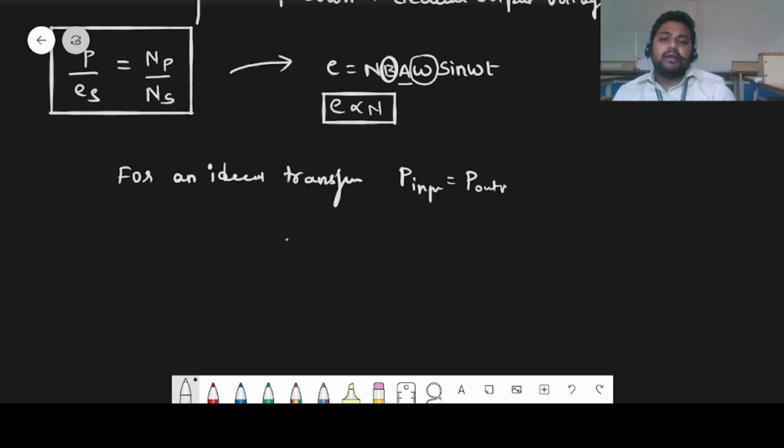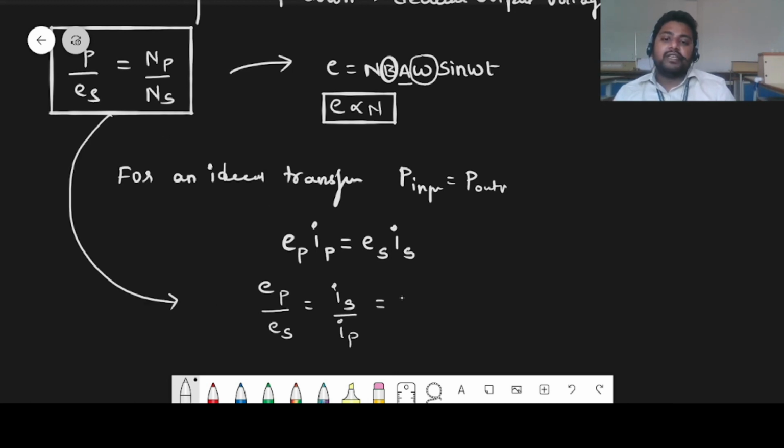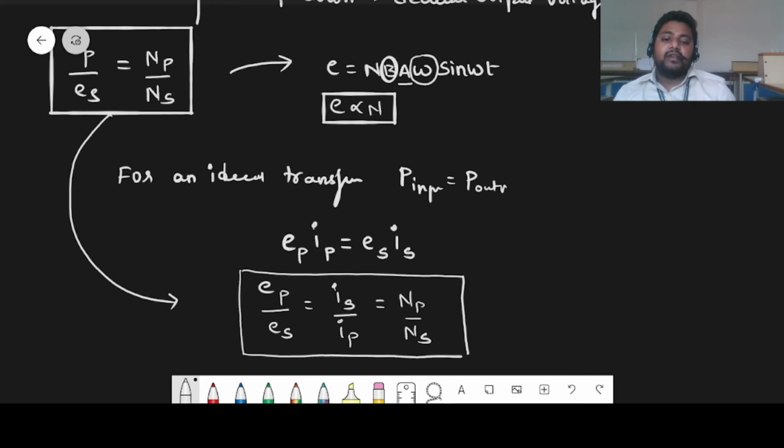Power is nothing but EMF in the primary coil into current in the primary coil, which should be equal to EMF in the secondary coil into current in the secondary coil. So you can write EP by ES is equal to IS divided by IP. Now using this formula we can write which is equal to NP divided by NS. So we are having a relation with the currents also. The power is maintained constant.